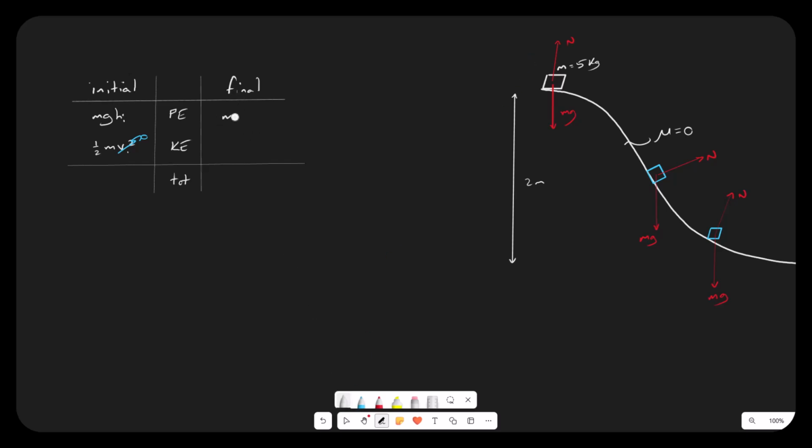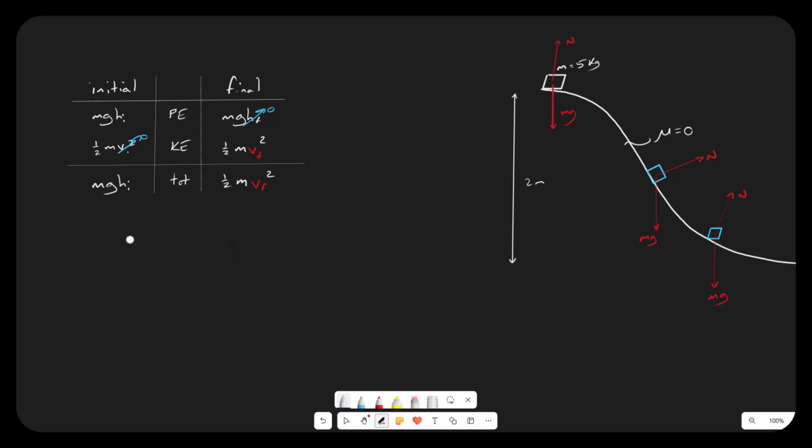My final potential energy, mgh final, is 0. My final kinetic energy, half m v final squared. So I get mgh initial over here, I get half m v final squared over here.